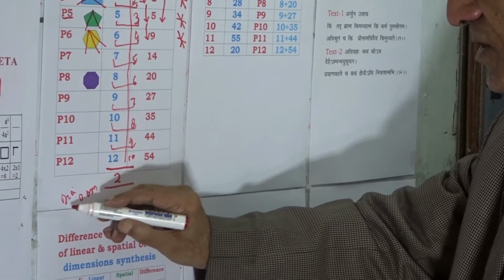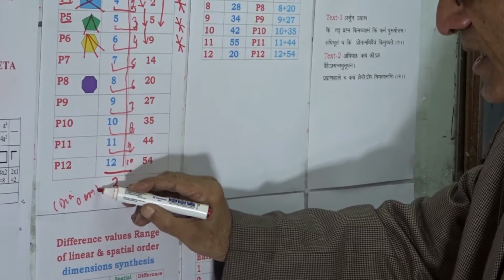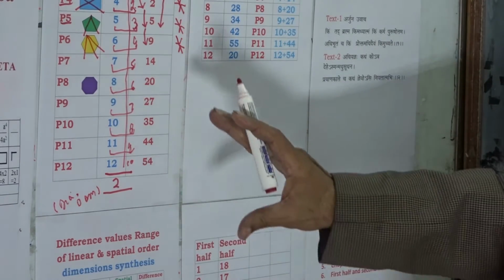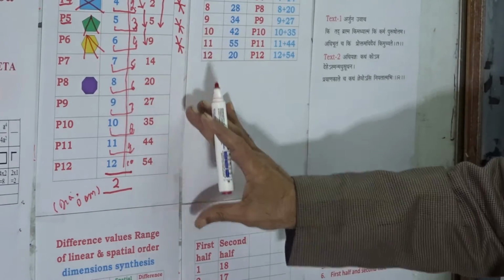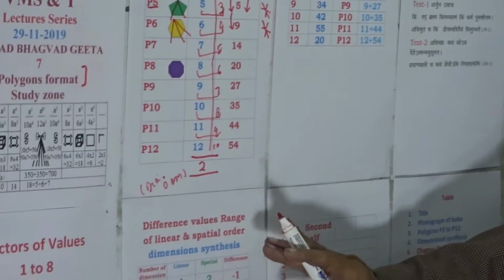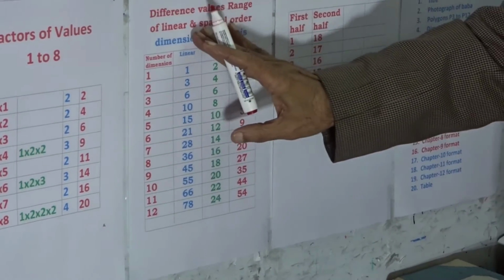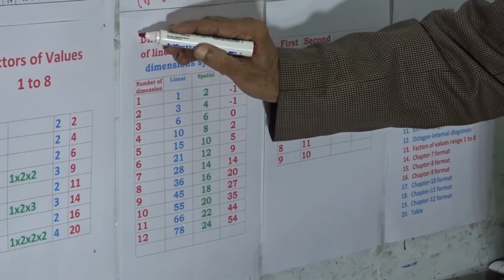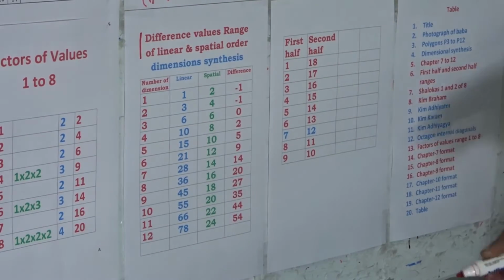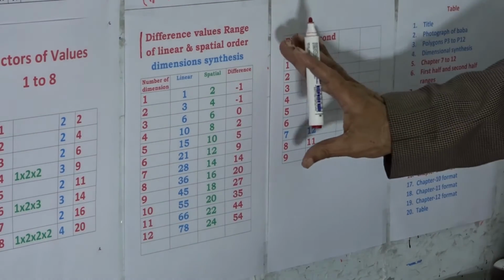It is this feature which deserves to be comprehended well, as it is in terms of this feature that we can go a step ahead to the tabulation of the difference values range of linear and spatial orders. Let us sit comfortably and let us visit this tabulation.